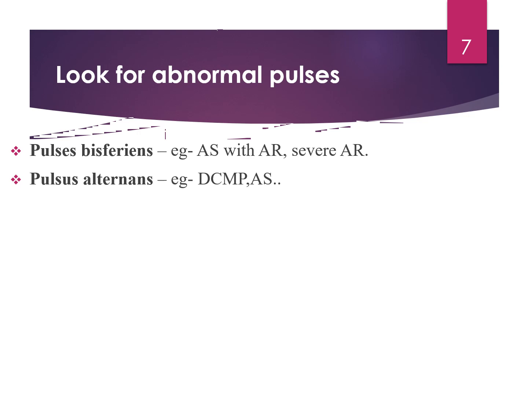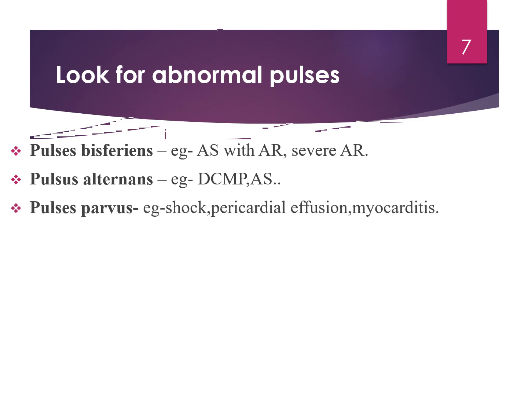It signifies that not all the fibers of the myocardium are able to contract with each beat, so it causes alternating weak and strong pulses. For example, in dilated cardiomyopathy and aortic stenosis, we can feel pulsus alternans. The other is pulsus parvus. This is a low volume pulse, and it occurs due to shock, pericardial effusion, or myocarditis.